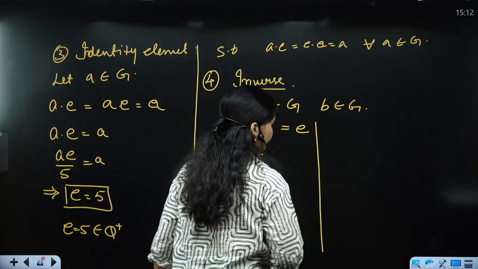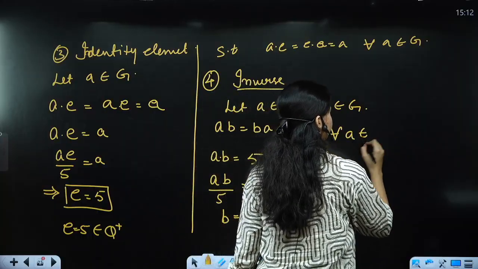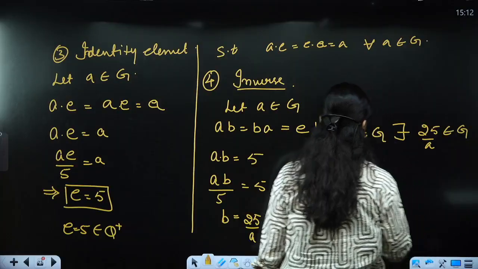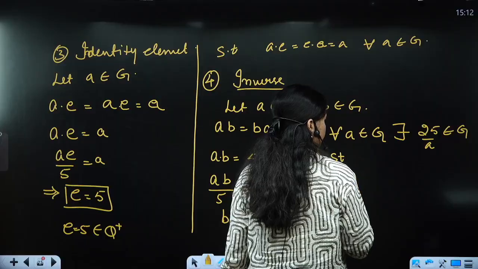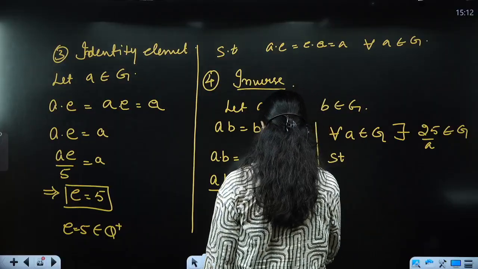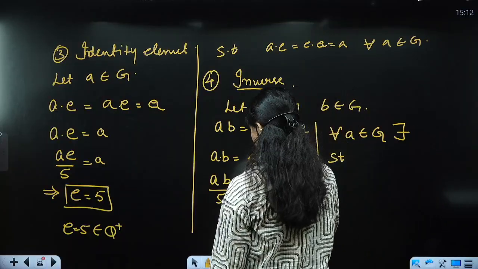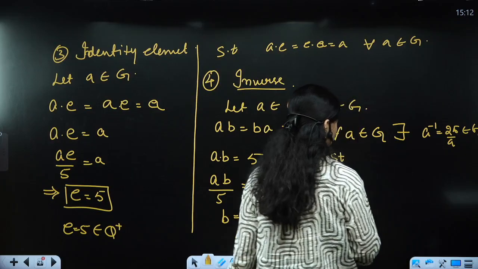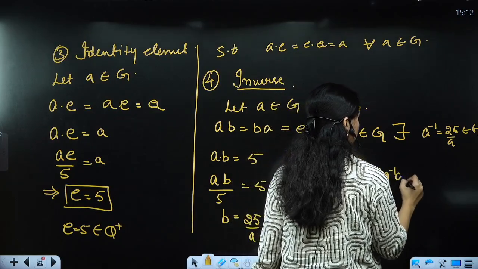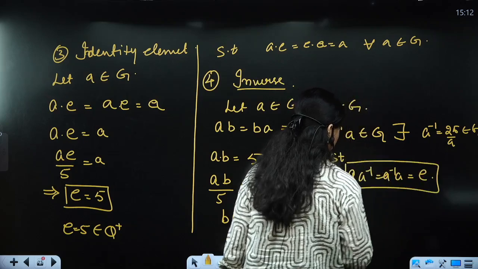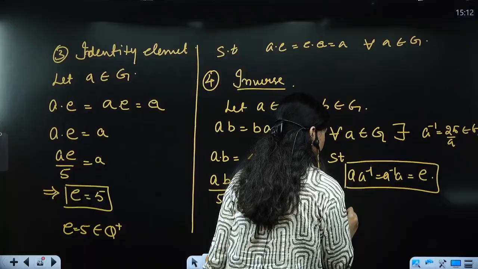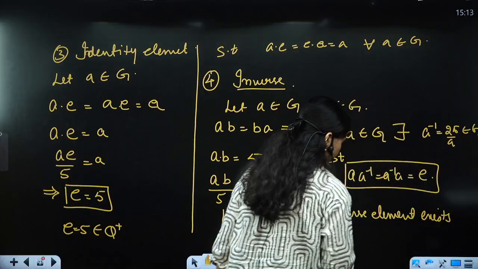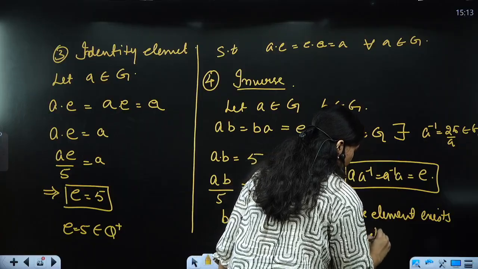So for all a belonging to G, there exists 25 by a belonging to G such that a inverse equals 25 by a. So the inverse element exists for all elements of G.